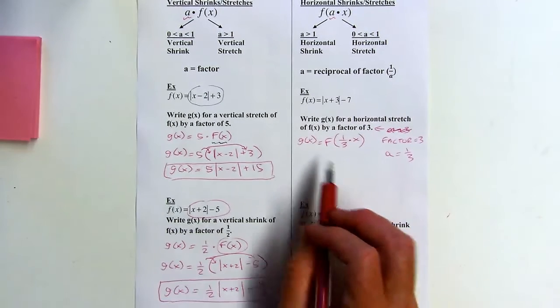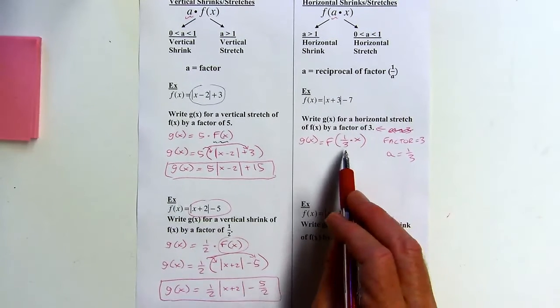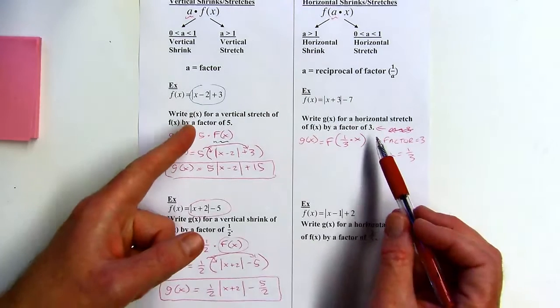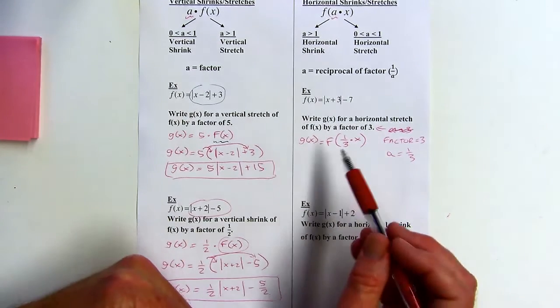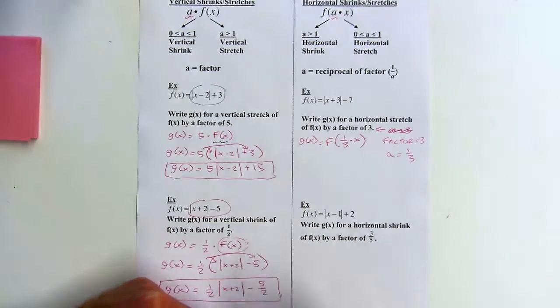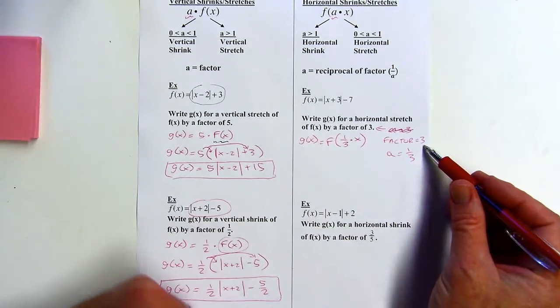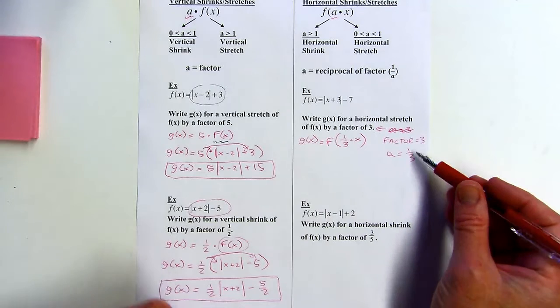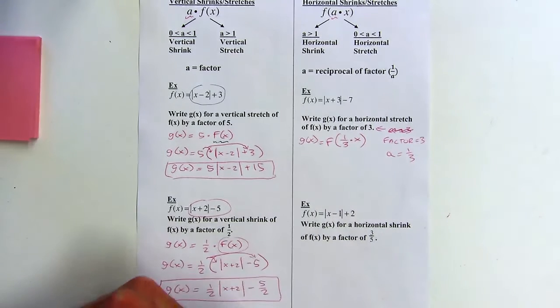Okay, I often see people just do f of 3x, and I get that because it's confusing because that's what we would have done if it was a vertical change. But with the horizontal ones, you have to use the reciprocal. So you flip this fraction upside down. It's not a fraction, but you could write it as 3/1, and then the reciprocal would be 1/3.